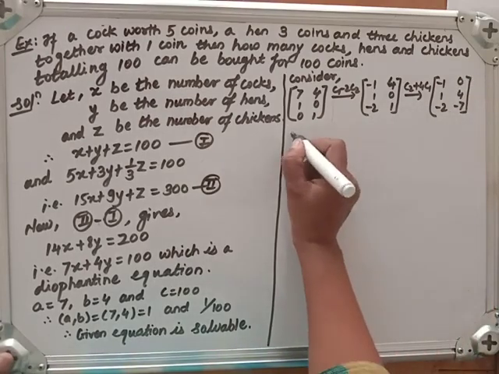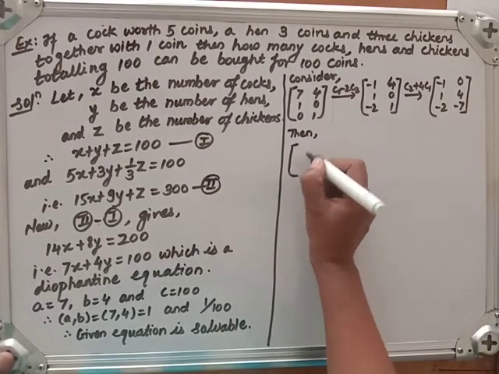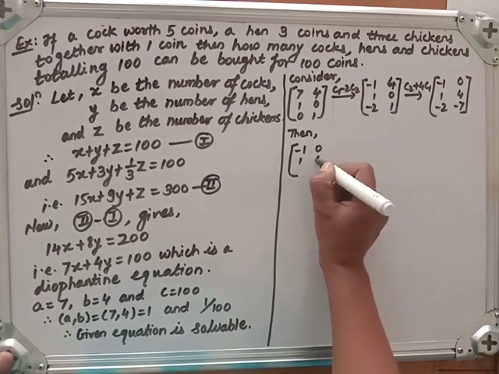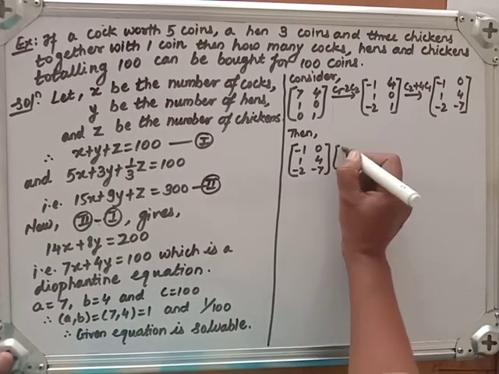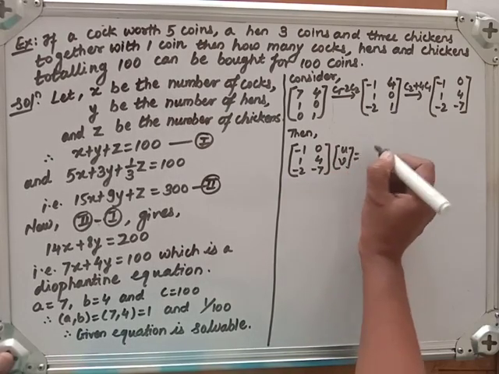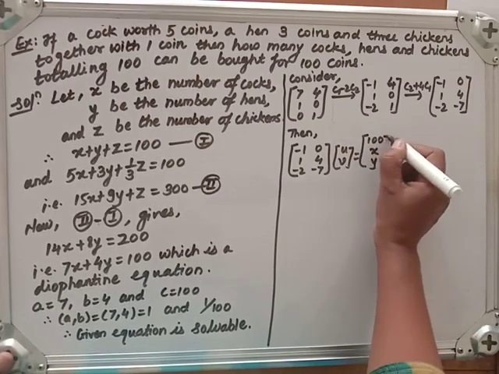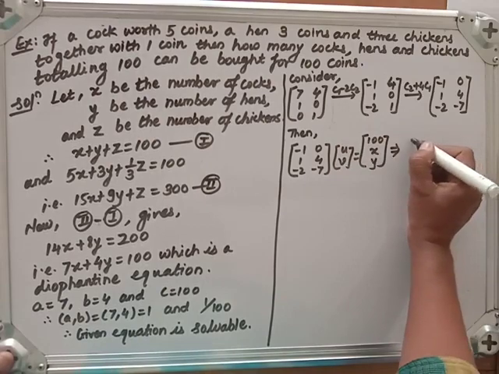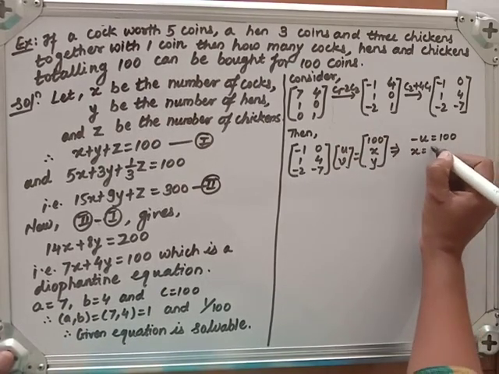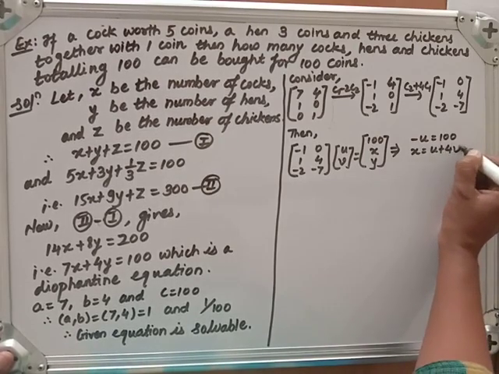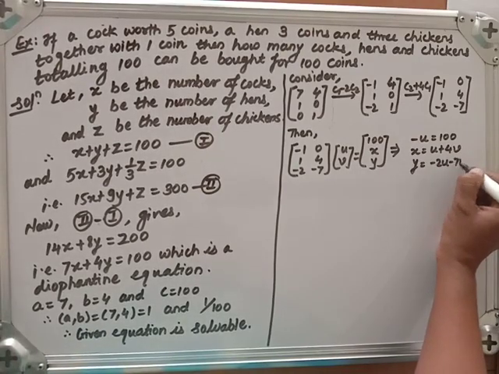Then we get minus 1 0 1 4 minus 2 minus 7 into u v is equal to 100 x y. So this gives minus u is equal to 100, x is equal to u plus 4v, and y is equal to minus 2u minus 7v.